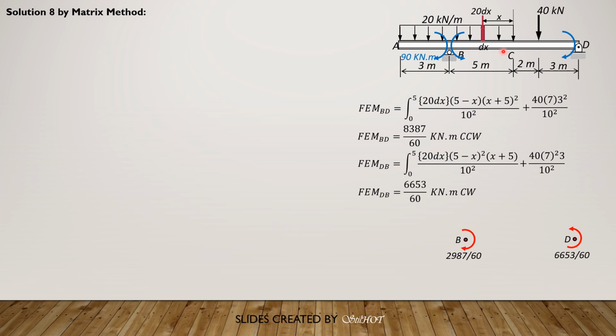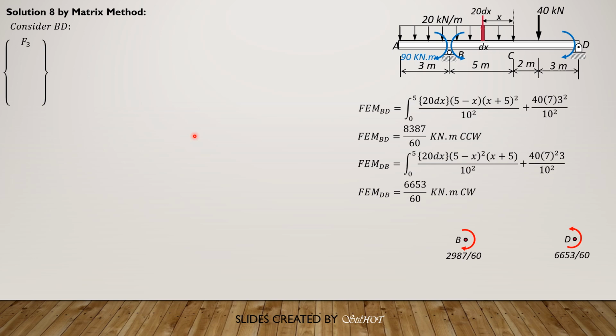So we have only one member. The stiffness of this element will be 12 EI. We consider EI as 1 because EI is constant, divided by 10 cube.